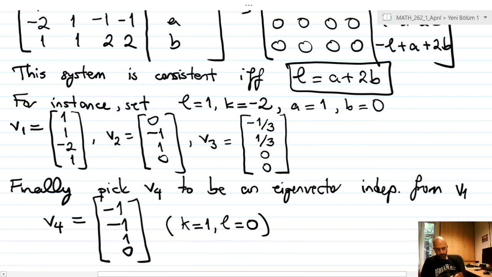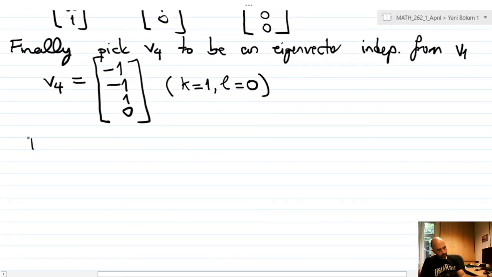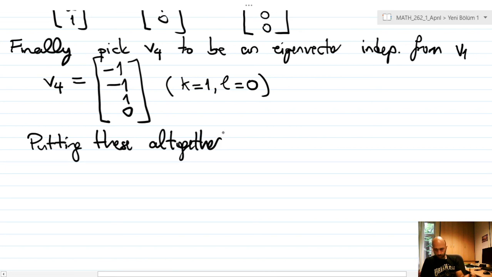Okay, so putting these all together gives P equals the following matrix.